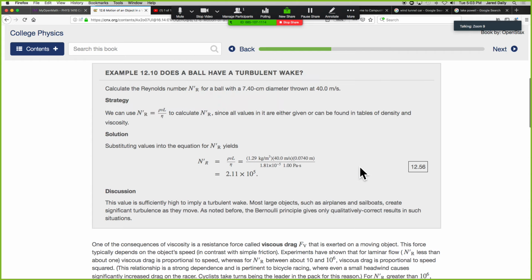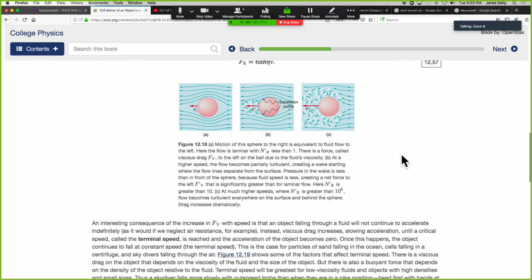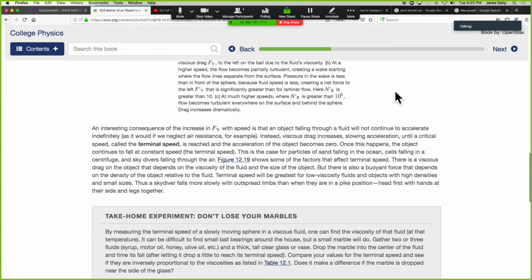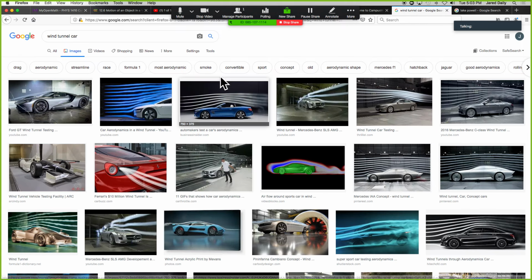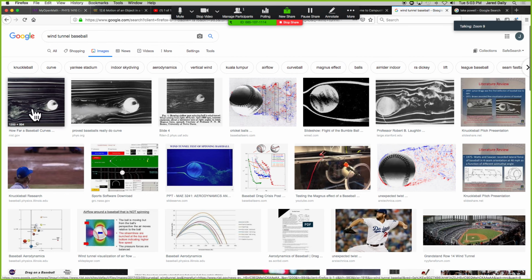Anyway, so here they calculate the turbulence of a baseball. Look at that turbulence. That's a thing of beauty.